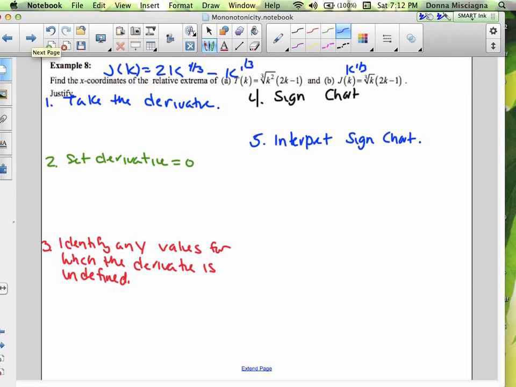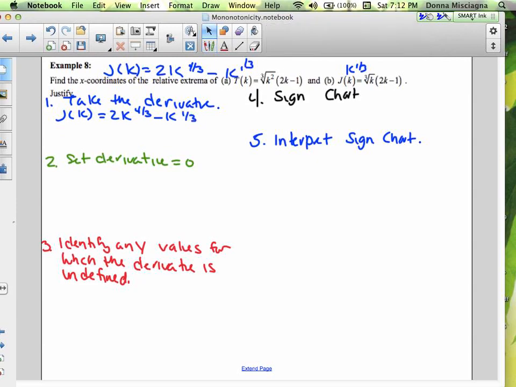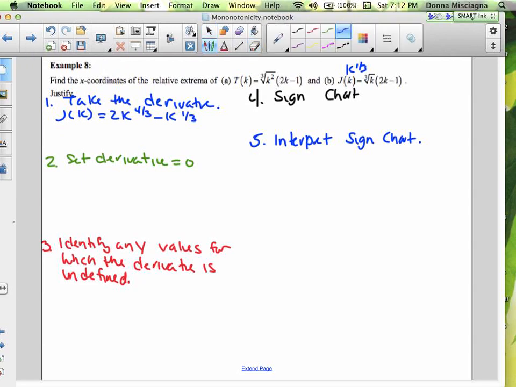All right, so we're going to take the derivative. I'm going to write that over here too, so that's kind of messy. J of k equals 2k to the 4/3 minus k to the 1/3. That looks nicer. All right, we'll take the derivative. So we have j prime of k, and we have 8/3 k to the 1/3 minus 1/3 k to the negative 2/3.